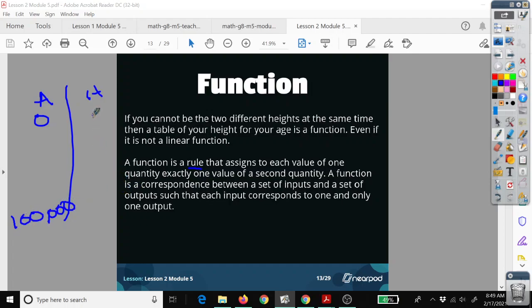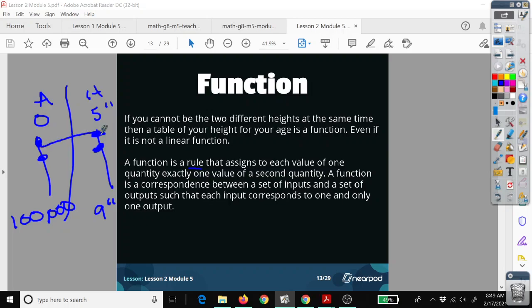And the height could be anything from 5 inches to 9 feet. So any of these days are valid and any of these heights are valid. But for every one of these days, you will have only one of these heights. It may be the same one as the day before, but each day will only have one height.